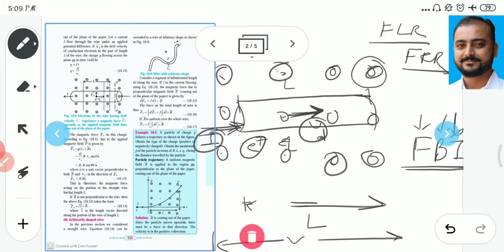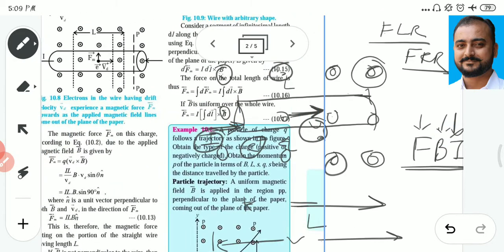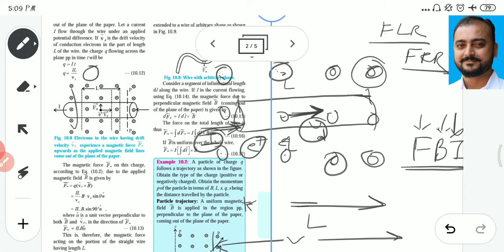Okay, you can zoom this figure and observe here. Just simply, we consider that this is the charge, which is here denoted by E, but actually it is a Q as shown in this figure.